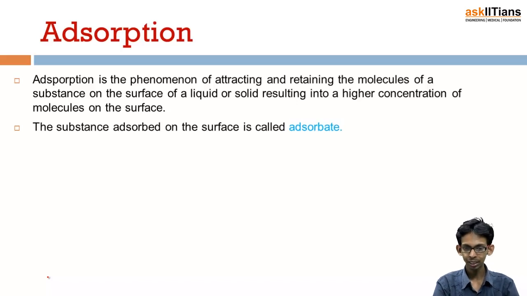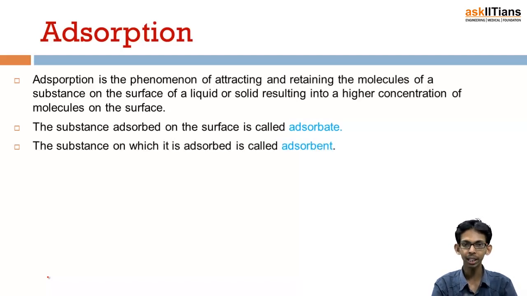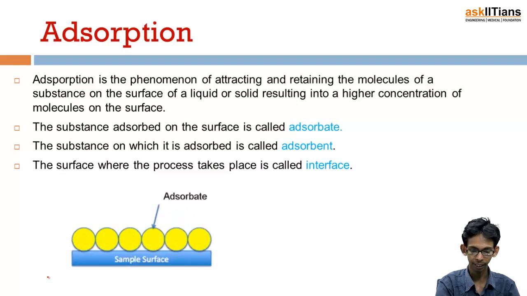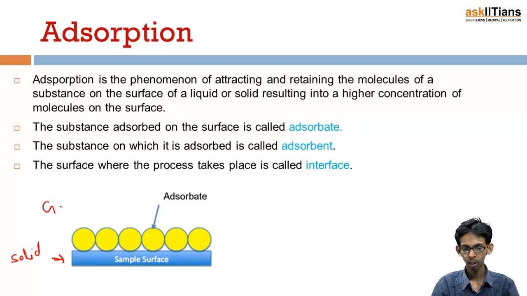The substance which is adsorbed on the surface is called the adsorbate, and the substance on which anything is adsorbed is called the adsorbent, and the surface is called the interface. Let's say it is a solid surface on which gas molecules are adsorbed.